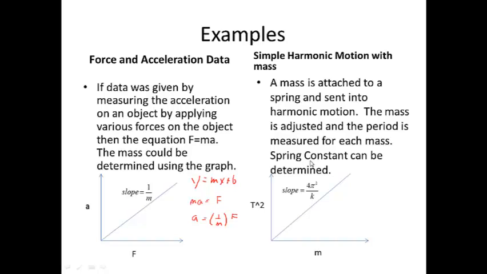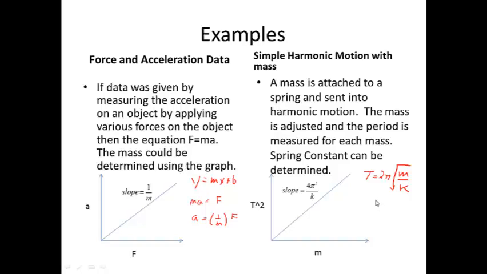Then you're going to have to think, okay, what equation ties mass, period, and spring constant? I know that one, and you might remember from last year, as T, period, equals 2 pi square root of m over k. So T being the period, 2 pi constant, m over k.